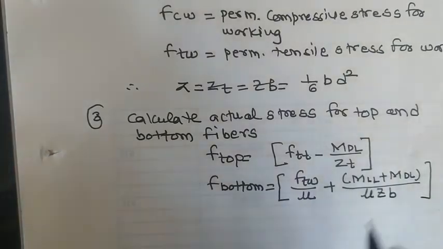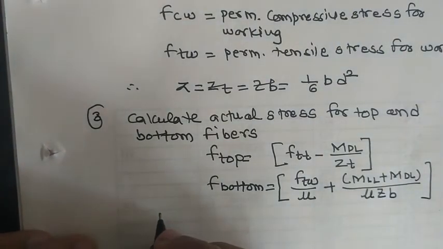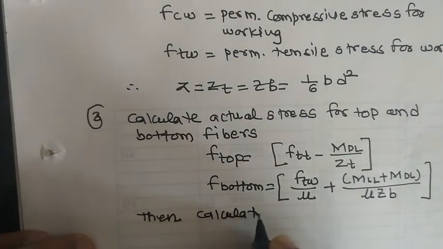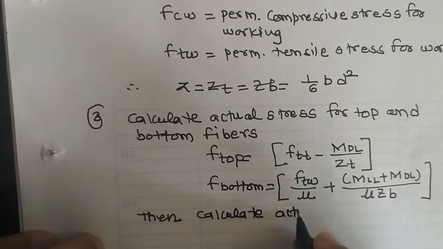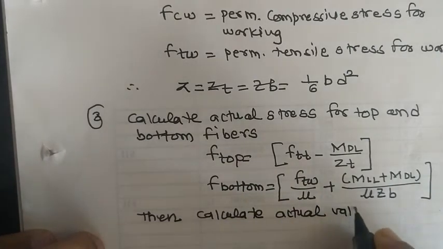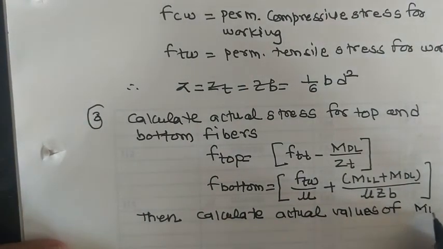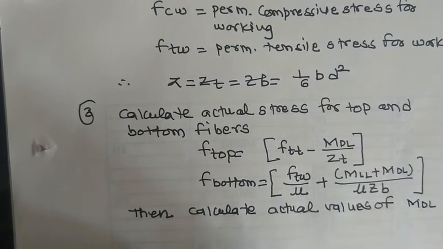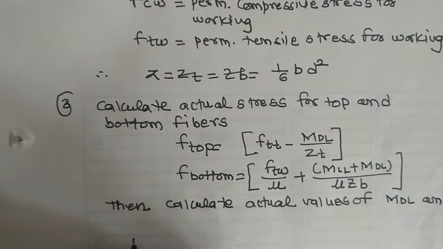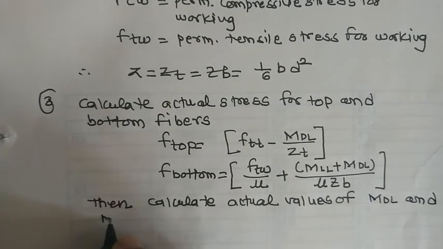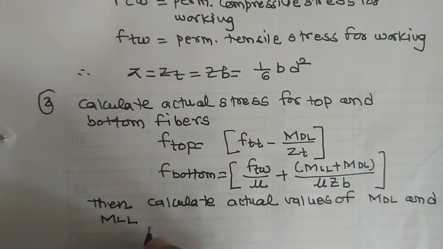Once you get the F top and F bottom, then calculate actual values of bending moment due to dead load and bending moment due to live load, considering the actual values of B and D.